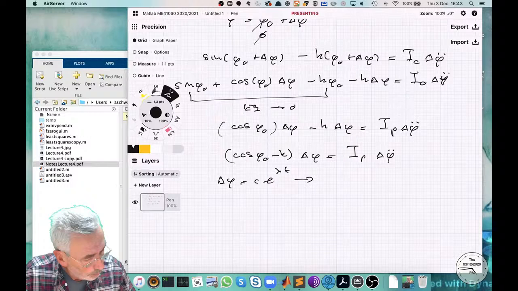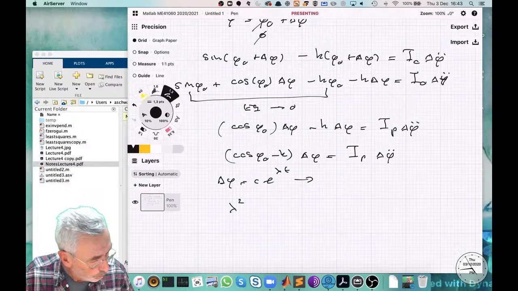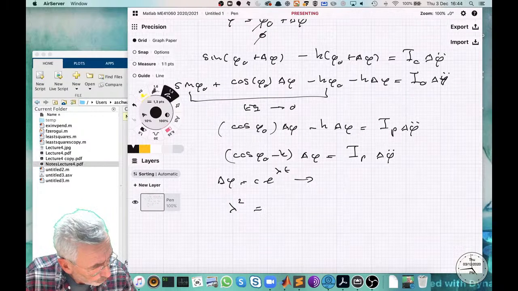We have to differentiate this twice, so we get lambda squared equals cosine phi 0 minus k divided by Ip. So lambda equals plus or minus the square root of cosine phi 0 minus k divided by Ip. And then the nature of these solutions determines whether it is stable or unstable.